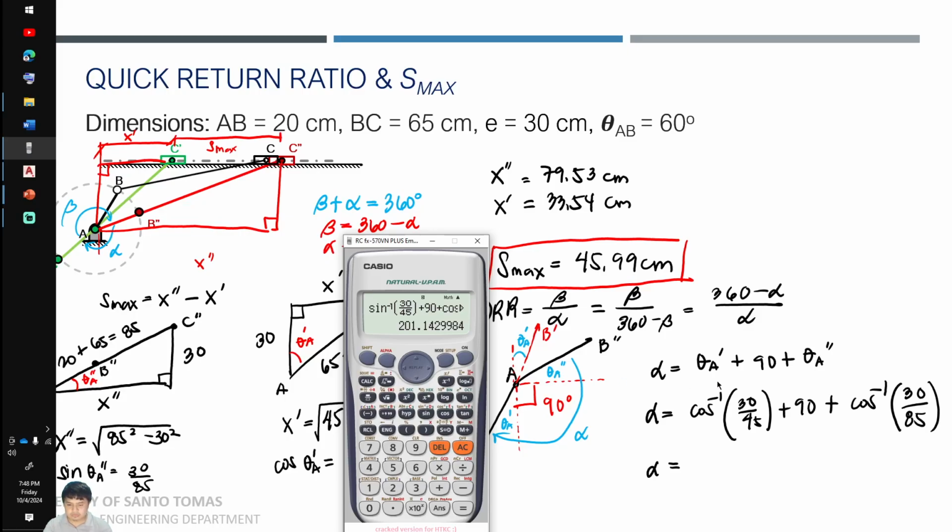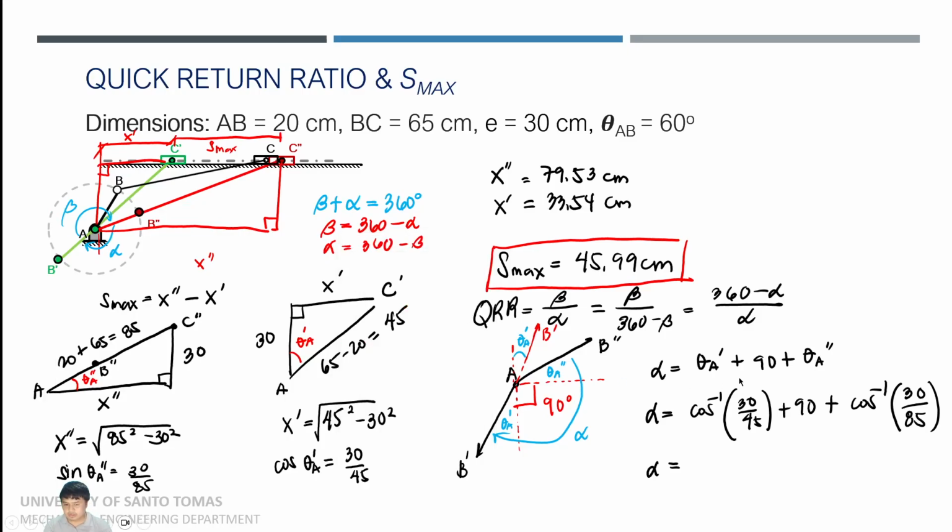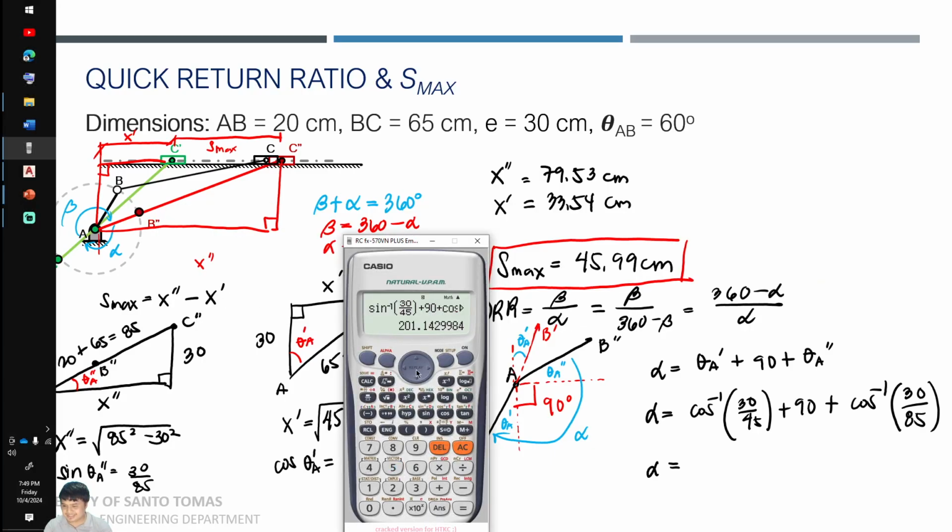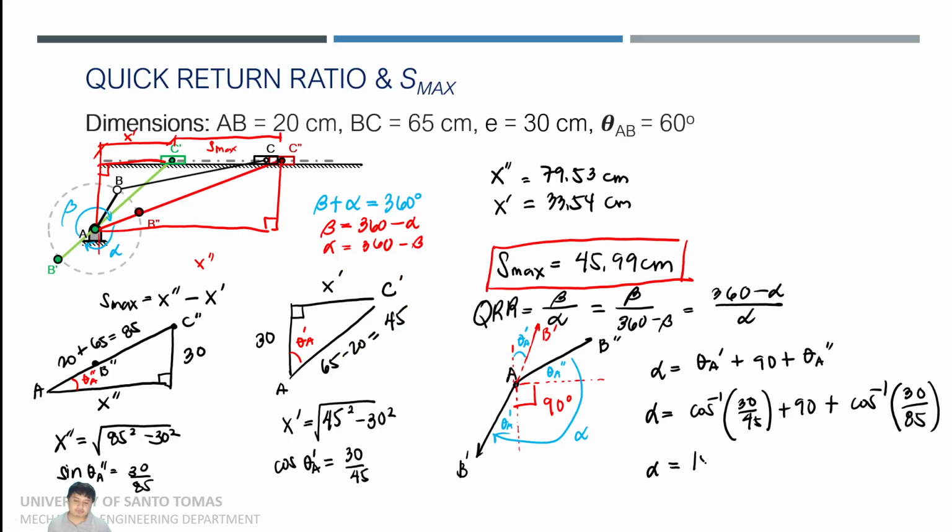What did I do? Oh, the other one should be sine. My bad again. So this should be shift sine, so 158.86. So we have 158.86 degrees for the alpha.